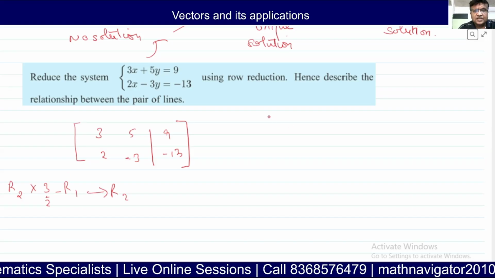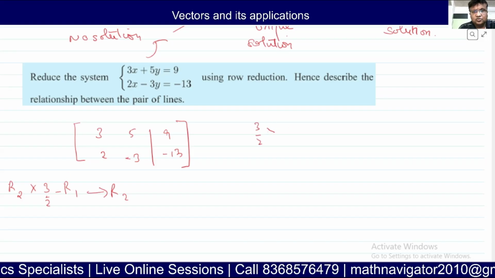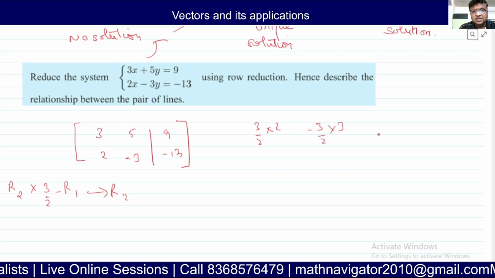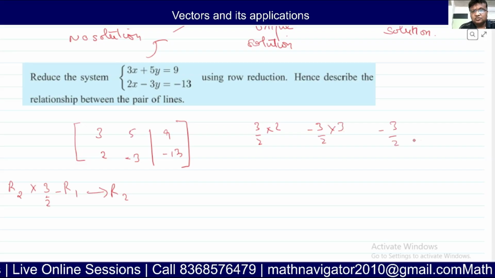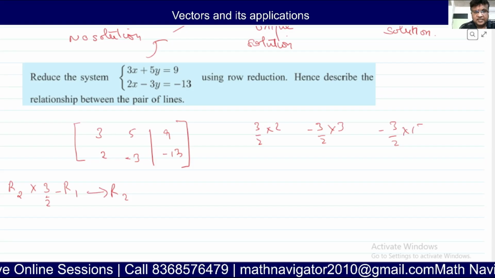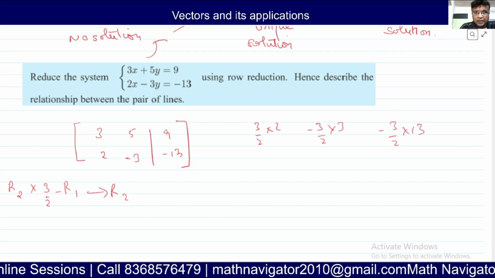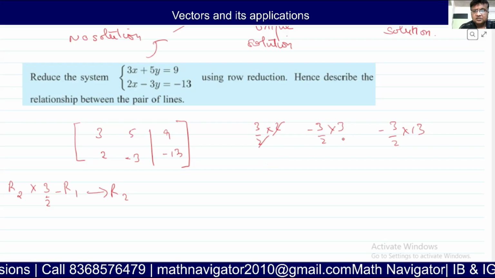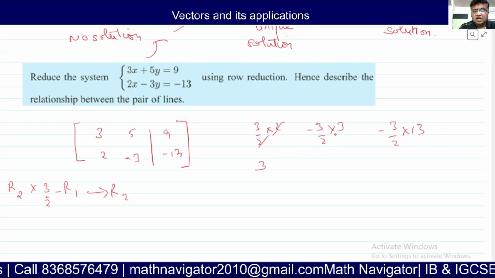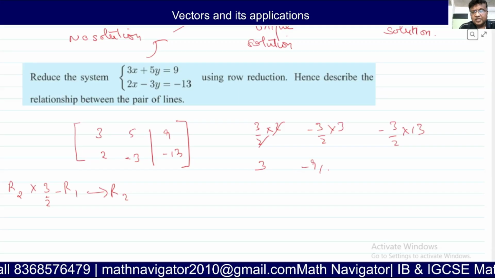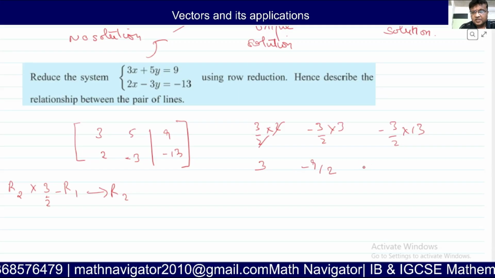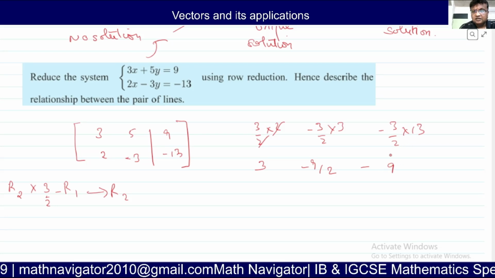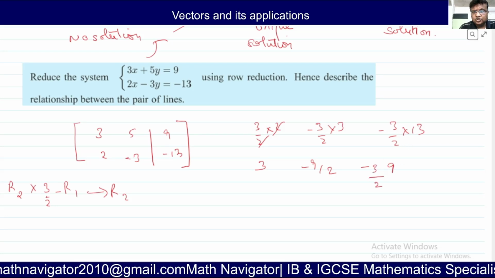Let's solve it. So 3 by 2 times R2 will give me 3 by 2 times 2 minus 3 by 2 times 3 minus 3 by 2 times 30, right? So this will give me 3, this will give me negative 9 by 2, and this will give me 13 3s are 9, so minus 39 by 2.